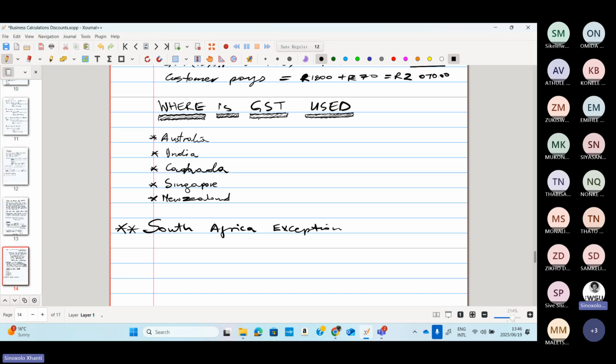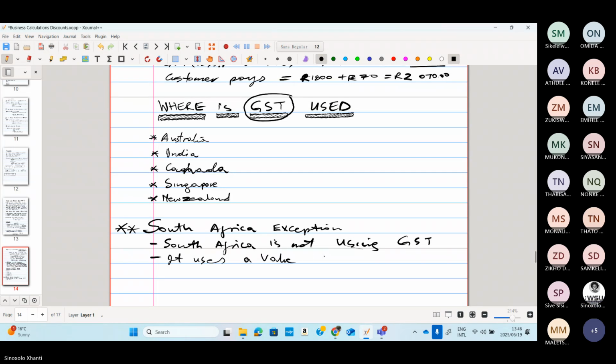South Africa is not using GST. It uses a value added tax, or simply put, VAT.